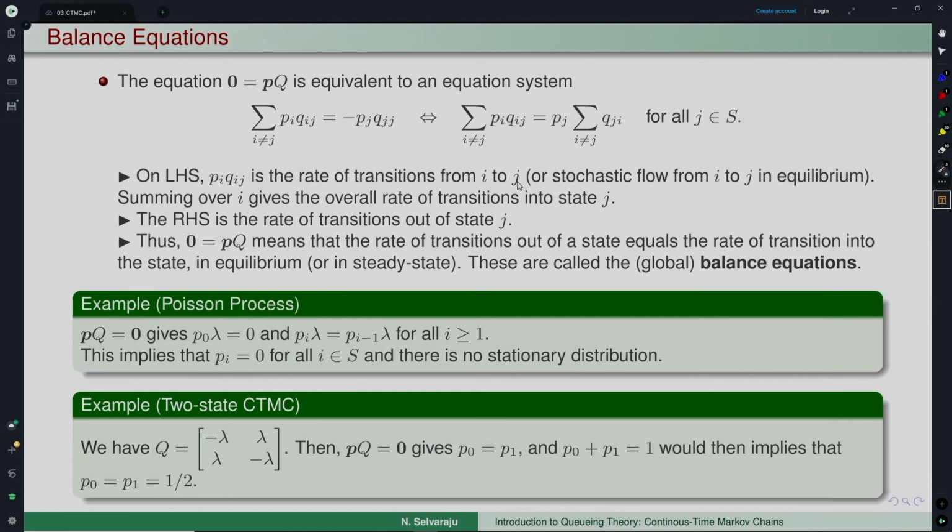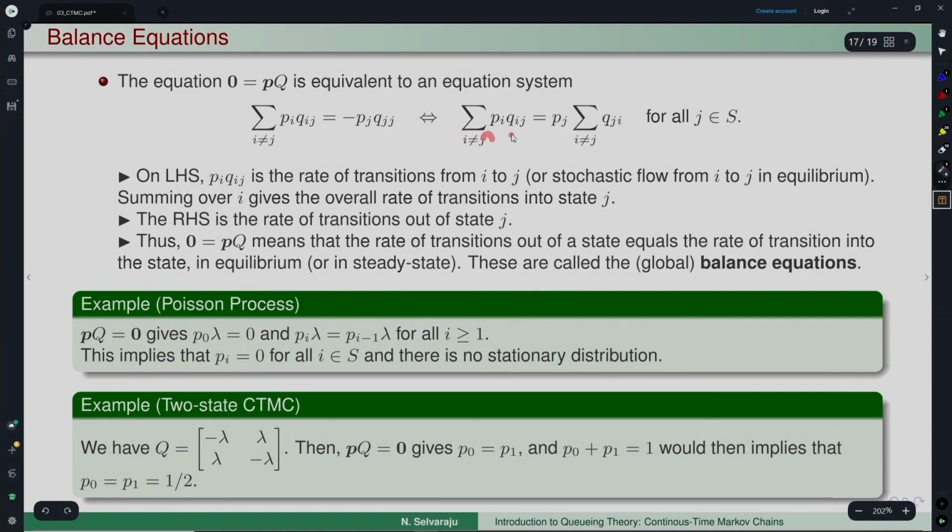That product will give you the rate of transition from i to j, or the stochastic flow from i to j. Now, summing over i will give you the overall rate of transitions into state j. The i could be anything other than this j.